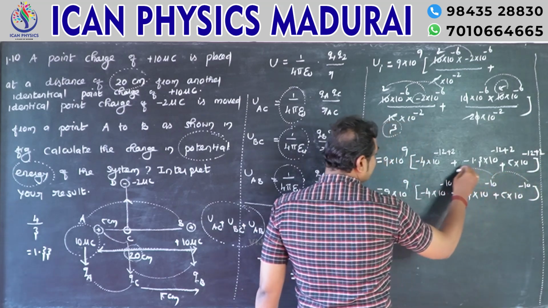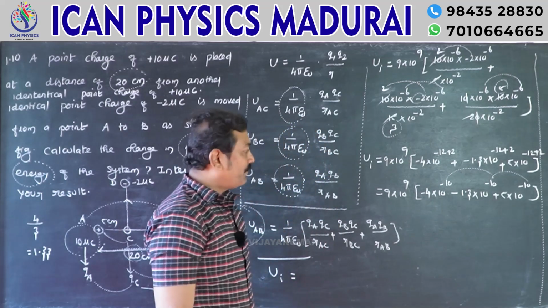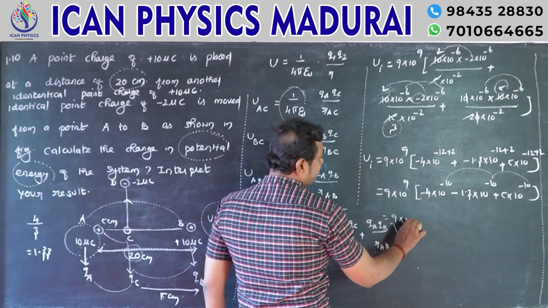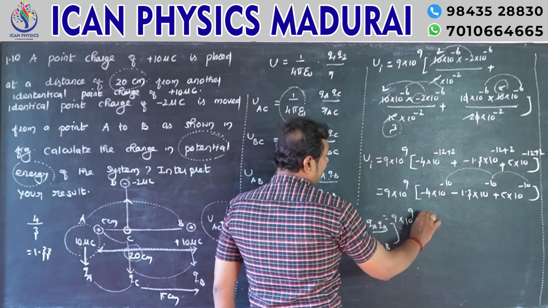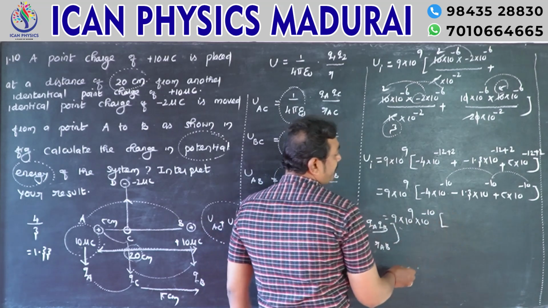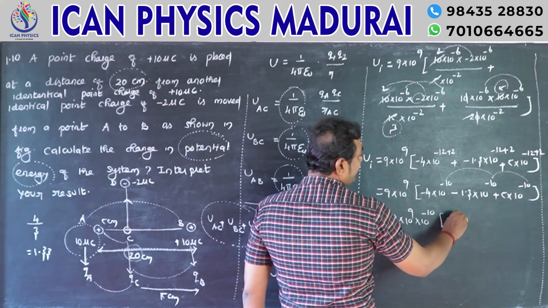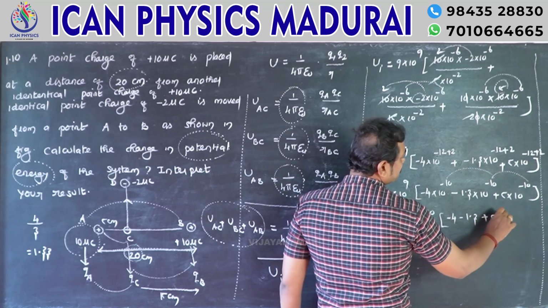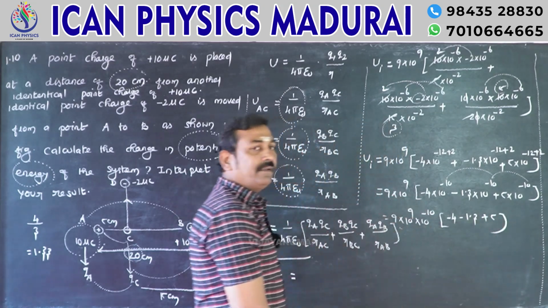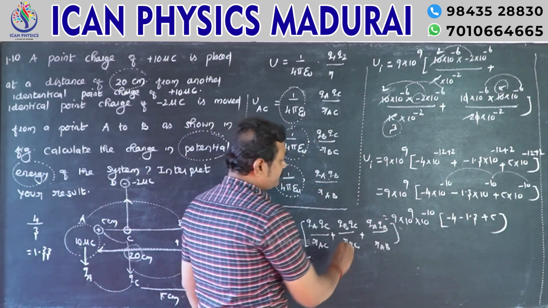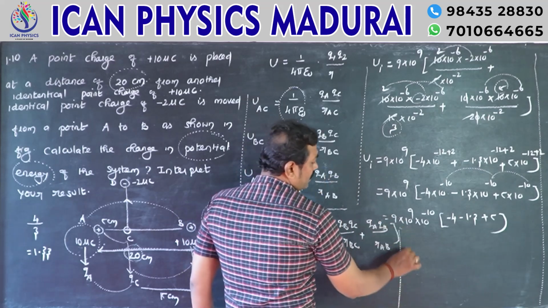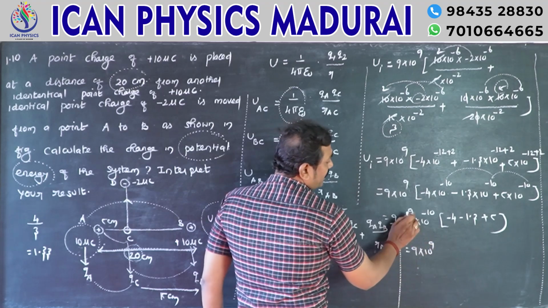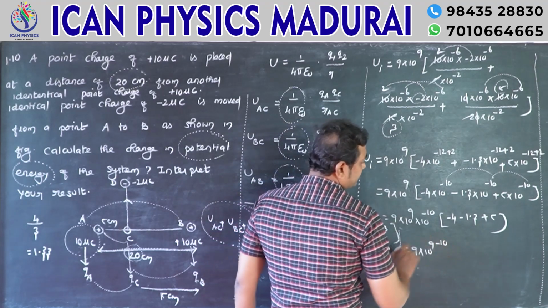Now, in all the terms, 10 to the power minus 10 is common. So, you can take it as a common term. 9 into 10 to the power 9 into 10 to the power minus 10. Okay. Now, we are having minus 4 minus 1.3 plus 5. Okay. Right. 9 into 10 to the power 9 minus 10.